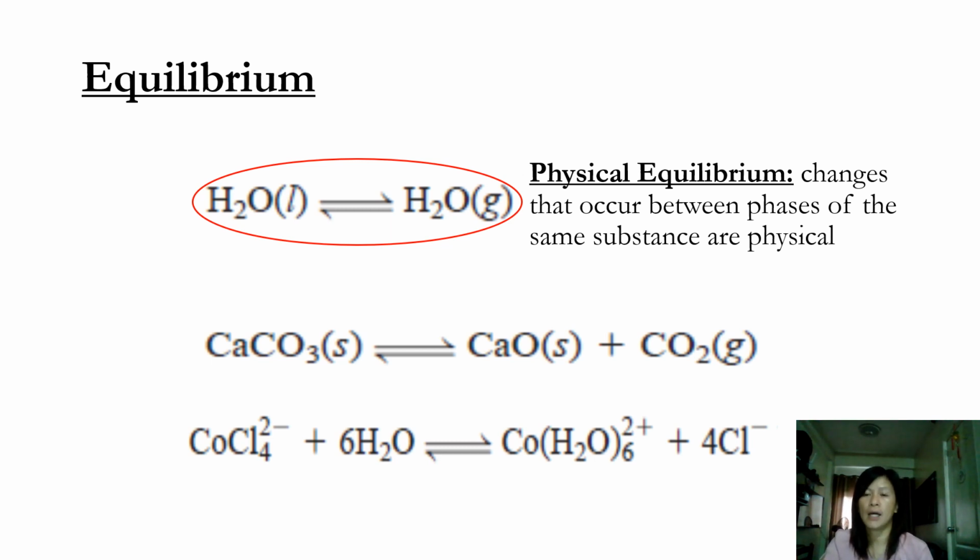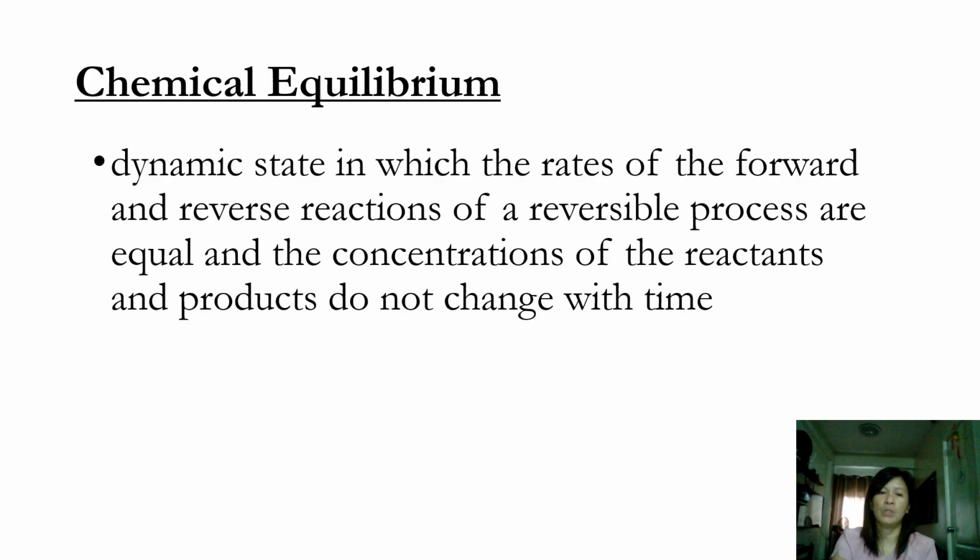So when the rate of ionization in the forward reaction is the same as the rate of the reverse or backward process, the system again is said to be at equilibrium. So for these particular examples, we have chemical equilibrium.